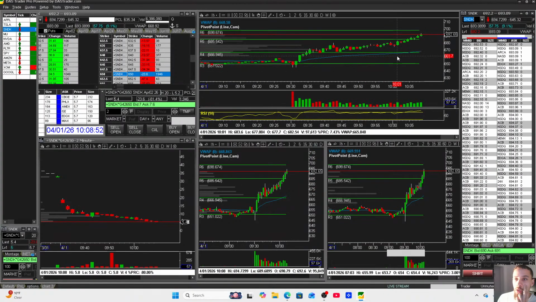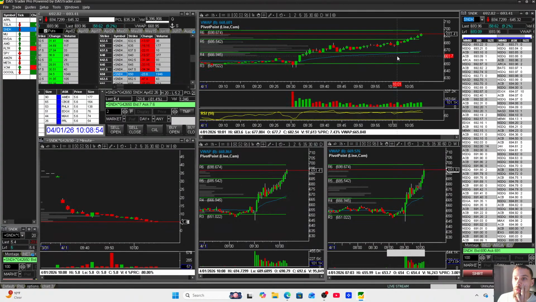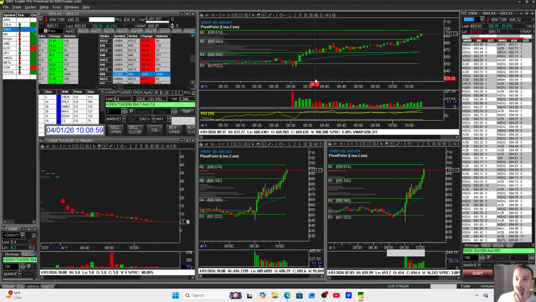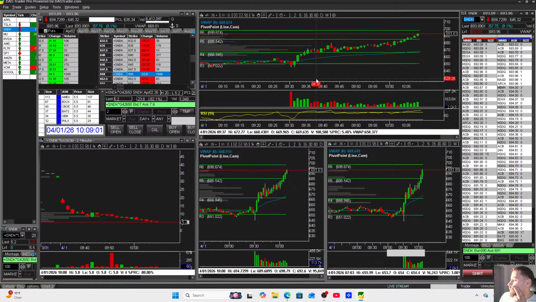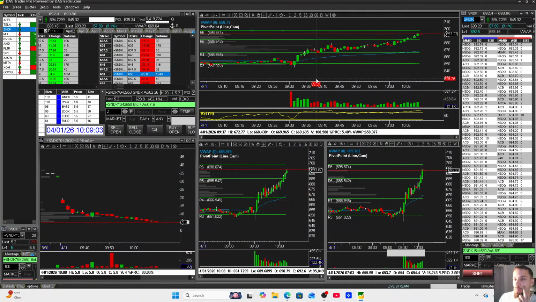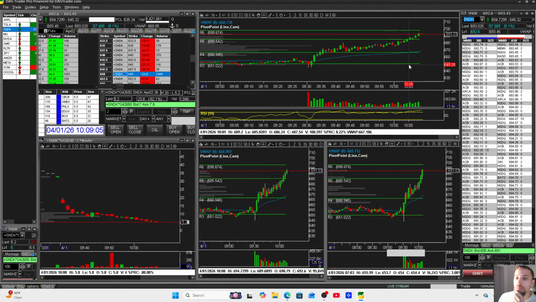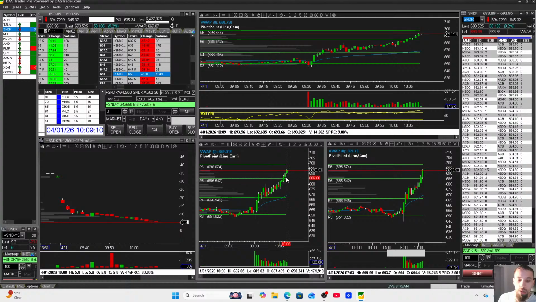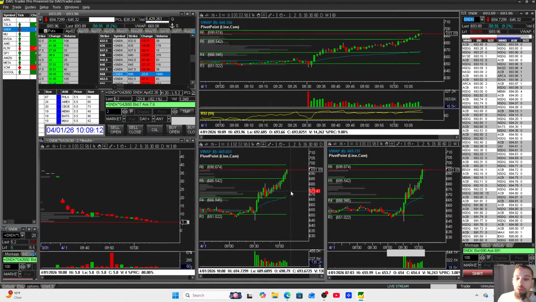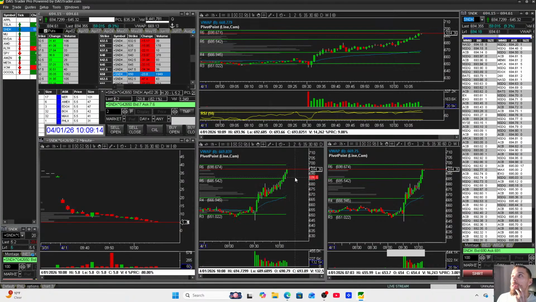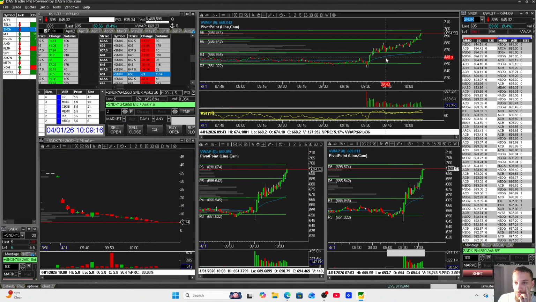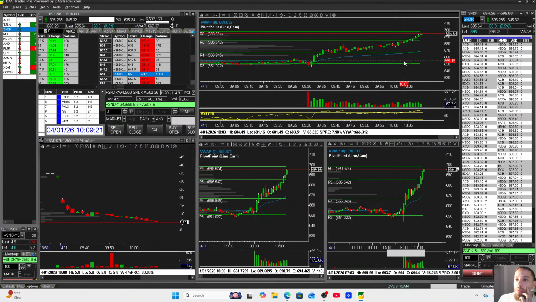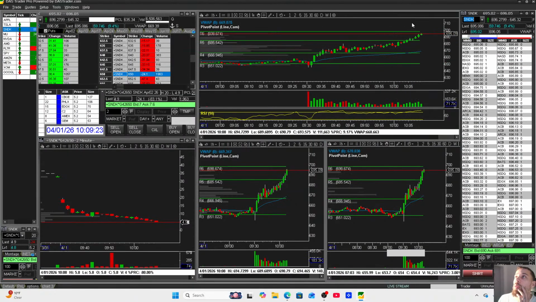Getting real close to testing R6 here. Volume's still picking up nicely. This is very bullish. This is on its rocket ship right now. See what happens at this 700. Let's see if it's going to squeeze up to it.